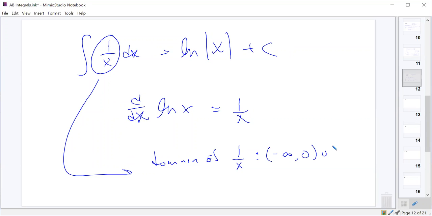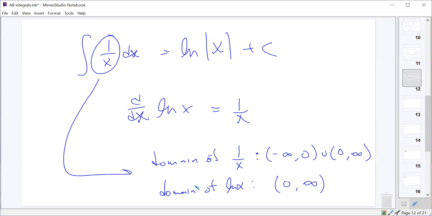Negative infinity to 0, 0 to infinity. But what about the domain of the natural log of x without an absolute value on it? That's just 0 to infinity, right? And so in order to make sure that our integral has the same domain as our original function, we throw it into an absolute value, right?